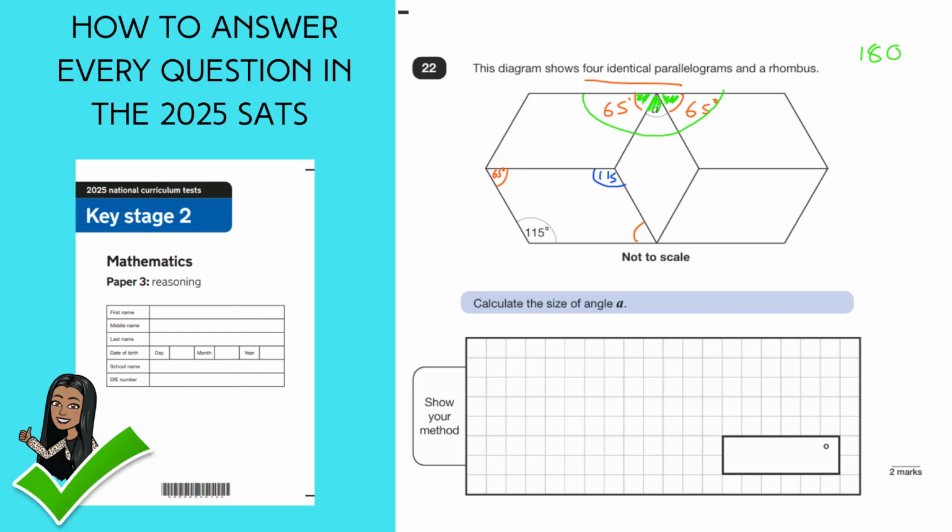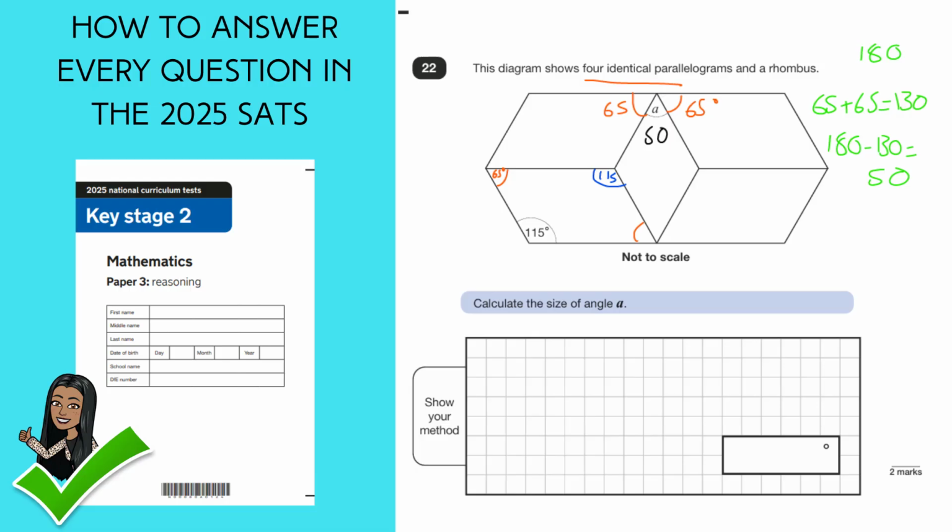So I know if I add my two 65s together, so 65 plus 65 equals 130, I can subtract that from my 180. 180 take away 130 equals 50. I know that that central angle, the A, is going to be 50 because this angle A and this other angle all together create a straight line which is 180.